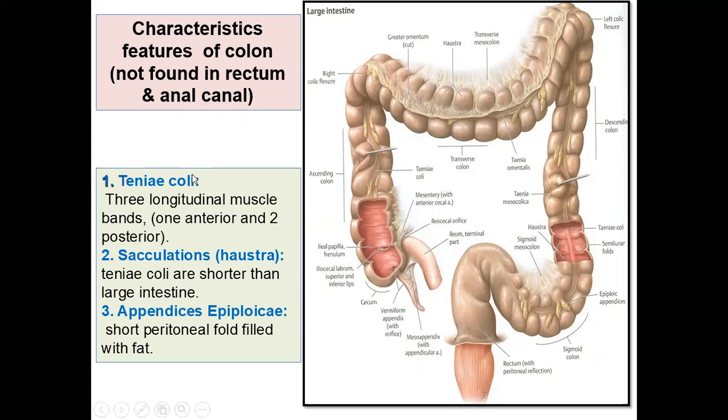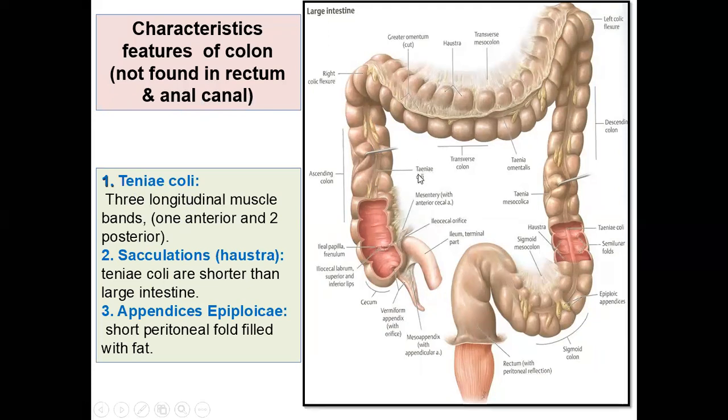The first one is called the tinea coli. These are three longitudinal muscle bands, one anterior and two posterior. You see here, in the case of the large intestine or colon, you can see the muscular bands. This is called the tinea coli. So one anterior and two posterior.